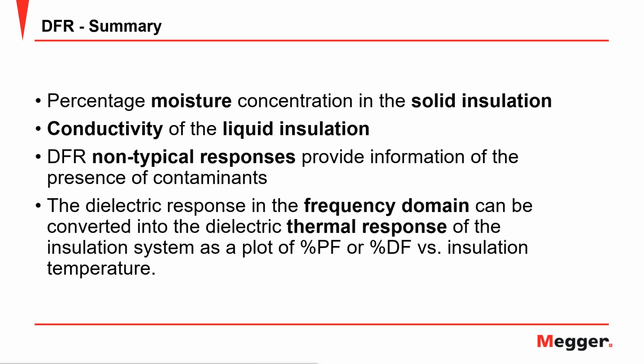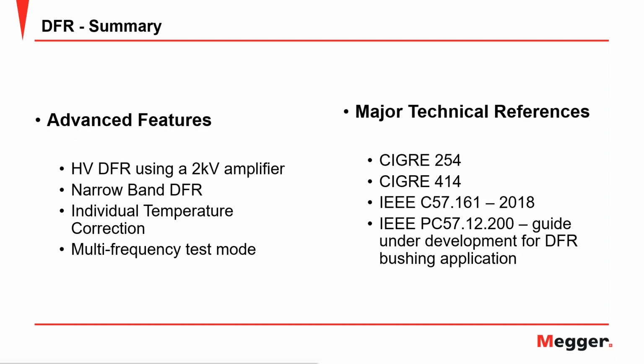And the true thermal response of the insulation is based on the unique dielectric response that it has at that specific moment. So again, with the advanced features that we have for dielectric frequency response, you can apply 2 kV for dielectric frequency response in the same frequency band, going from 1 kilohertz all the way down to 0.1 millihertz.